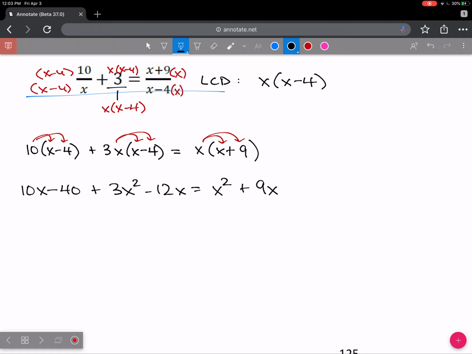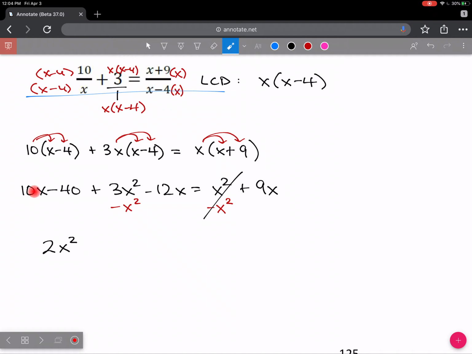And so after simplification and collecting of like terms, I can subtract x squared on both sides. So I'm going to have 2x squared. So this one looks like it's coming out linear.